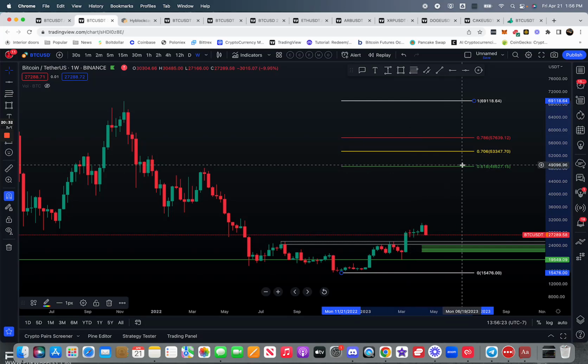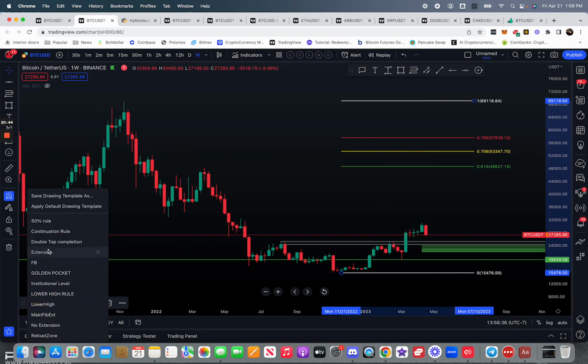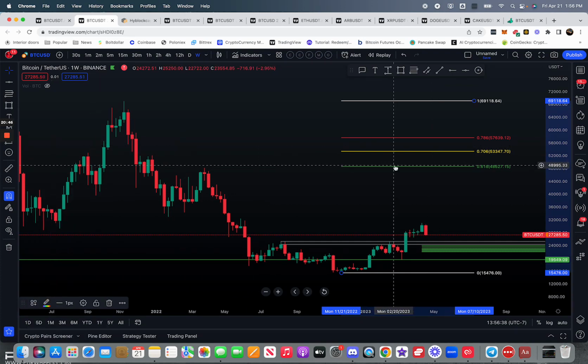Anyhow, we'll just call it 48,000 for the sake of the video. This underside touch of 618 is a very typical lower high. This is my lower high rule for a reason, because this is what I look for when the trend is over, when we're back testing, when we're losing a top.